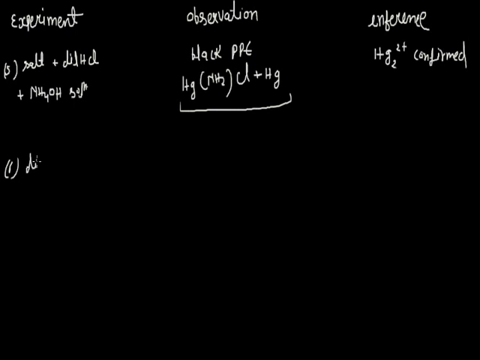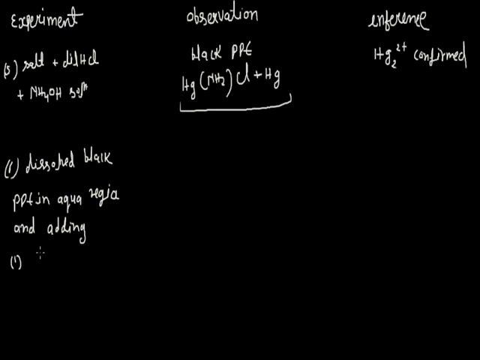So dissolve black PPT in aqua regia and in the first part adding SnCl2, then it gives the gray or black precipitate, gray or black precipitate.